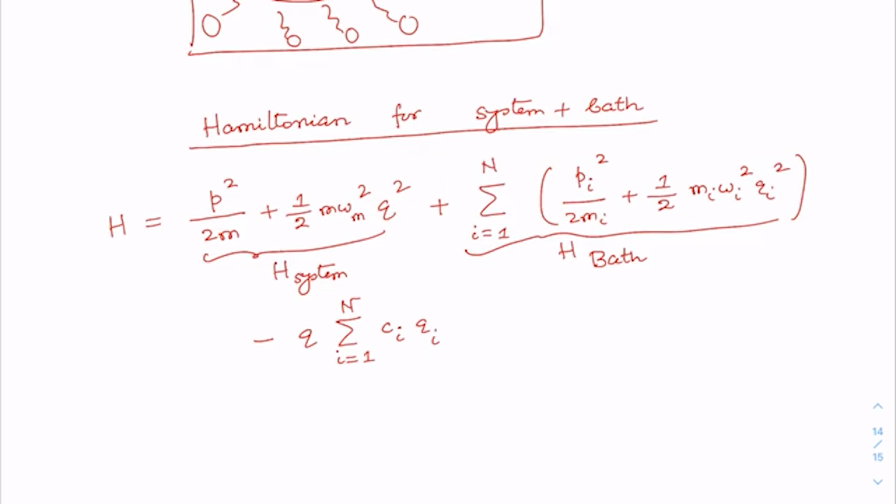So various coordinates are there. The system coordinate is getting coupled to the bath coordinates, and ci is the corresponding coupling between one particular bath variable qi and the system variable q.